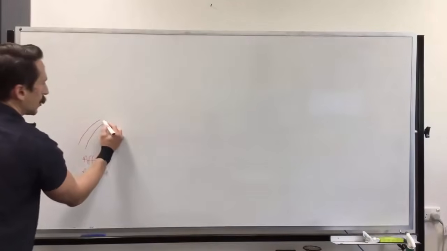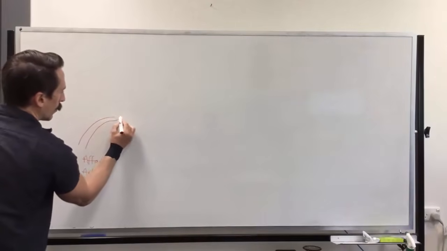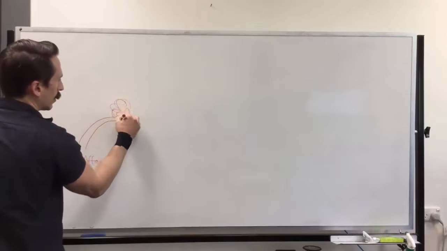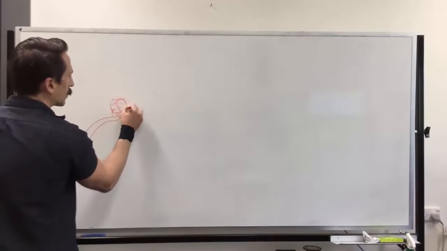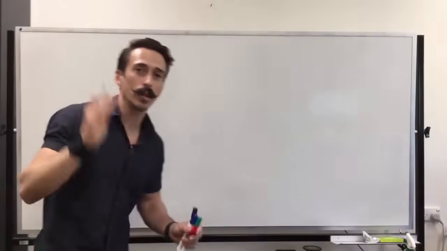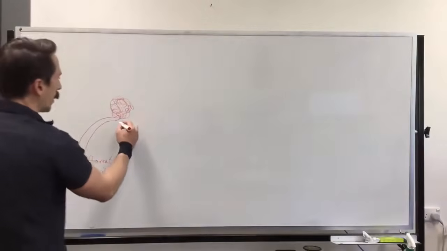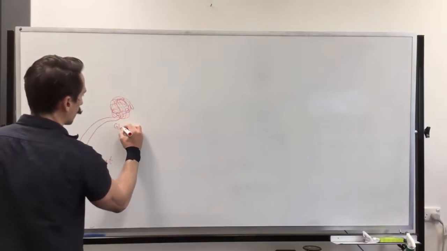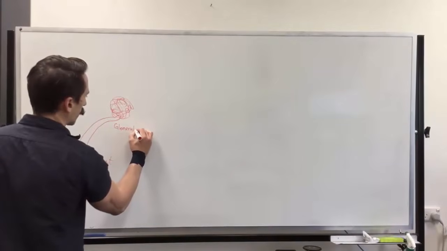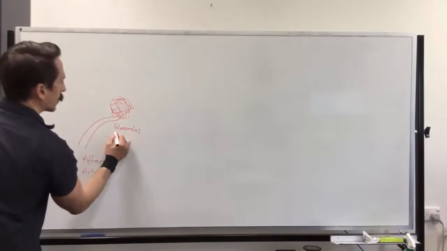And this afferent arteriole becomes what looks like this ball of yarn. And this ball of yarn actually has a name called the glomerulus, which means ball of yarn. The glomerulus.